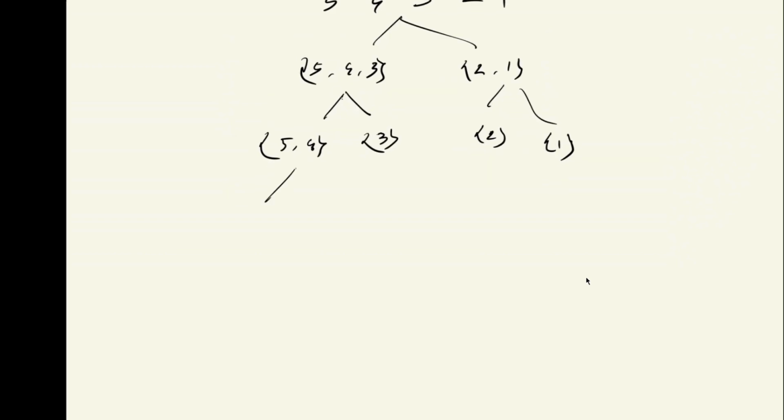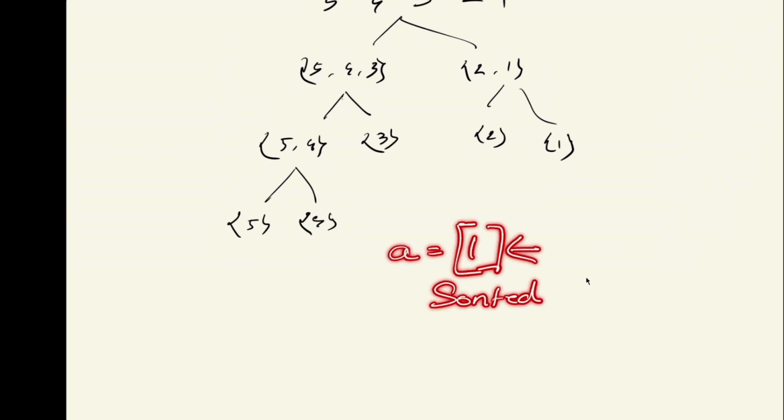If we divide it again, we get 5 and 4. Now we have arrays with a length of 1, right? And if an array has one element, is it sorted or not? It's obviously sorted because one element is always sorted.